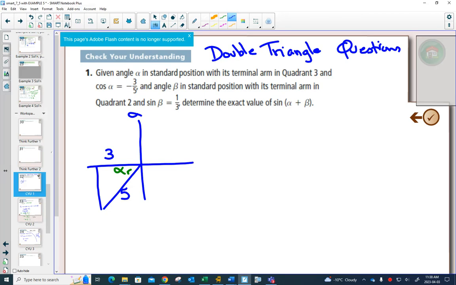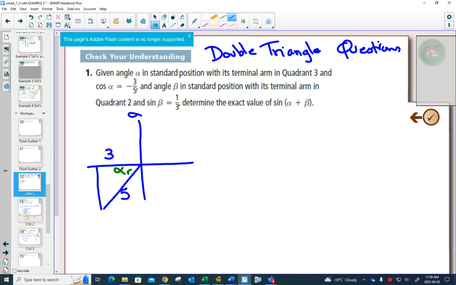You will see if you watch someone do this on YouTube, sometimes you'll see them label the 3 as negative because it's going 3 to the left. But I like to think of it as like this length is 3. So if that length is 3, I label it as positive 3. I use my CAST rule always to double check whether things are positive or negative in the end.